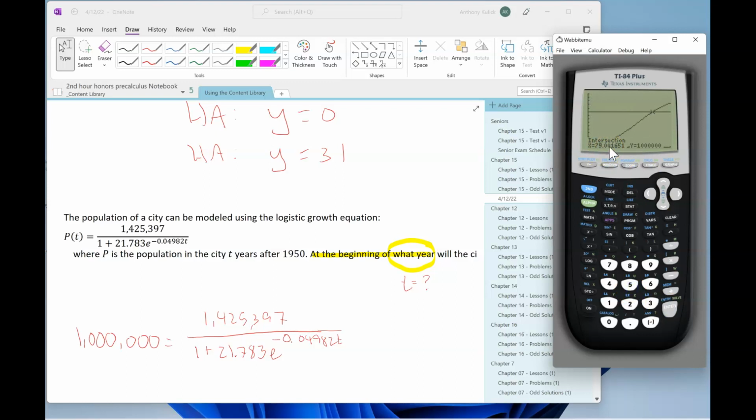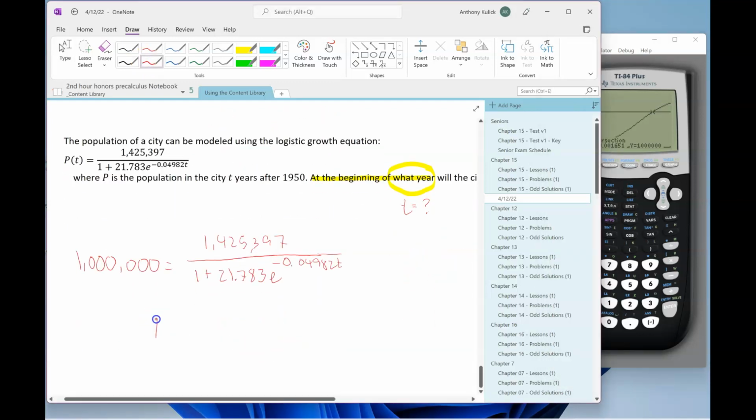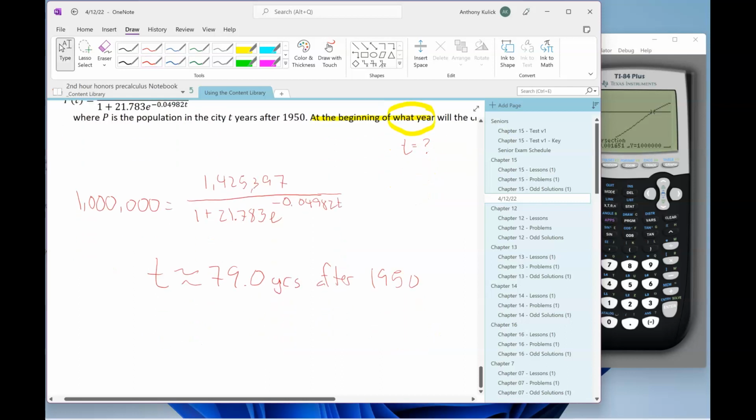So I got 79 for T. So 79 years after 1950. That is the year 2029.